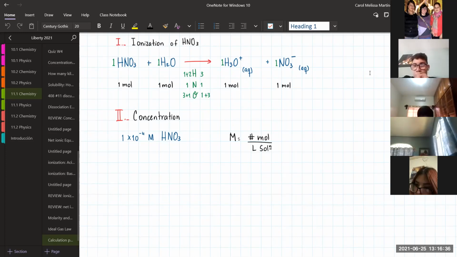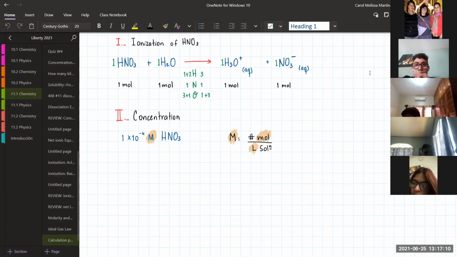But the letter M, molar, is a compound unit. Let's see, molar. It is a compound unit where the number of moles is above, and the number of moles is measured in moles, of course. And the liters of solution refers to the volume of the solution and is measured in liters.